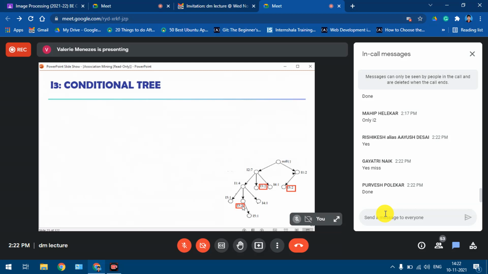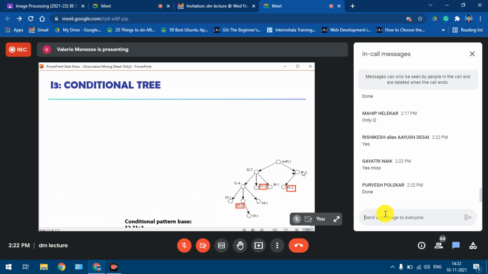We are only looking at those branches where I3 is not the prefix, meaning it's not the starting node. It is one of the ending nodes. As long as it's not the starting node, you can consider that branch. It doesn't always have to be the leaf node. It can be any node except the first node from the root.